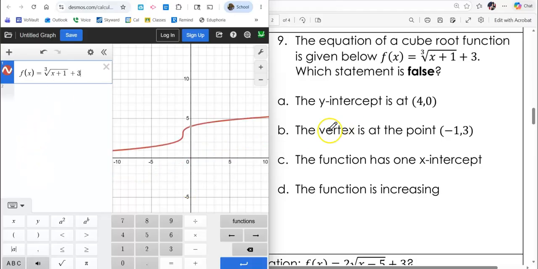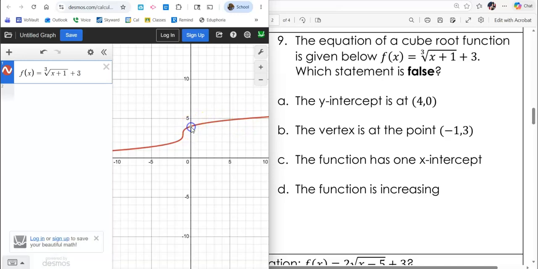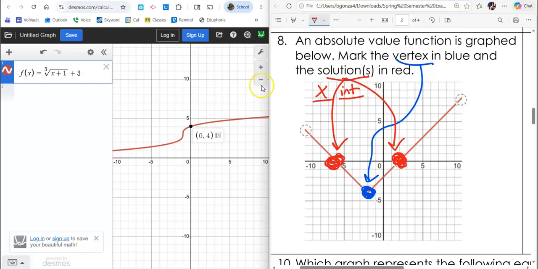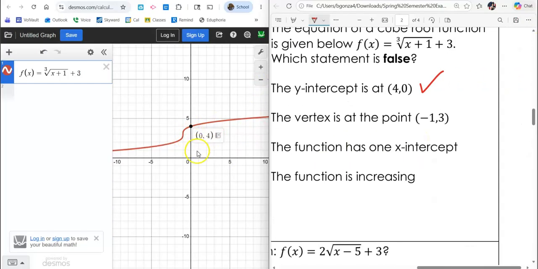Is the y-intercept at (4, 0)? Sorry, (0, 4). Is the vertex at (negative 1, 3)? That is where it changes directions, so that's right.